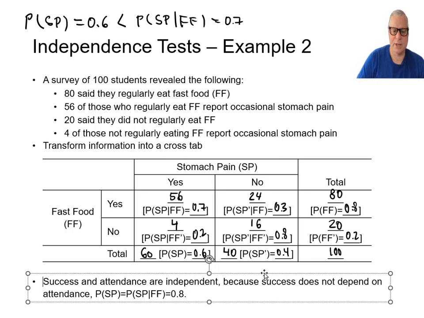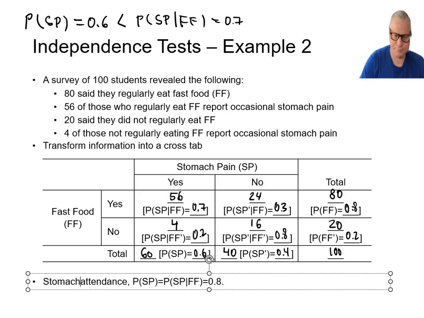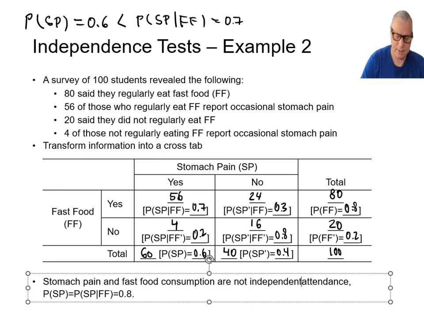So here we need to say stomach pain and fast food consumption are not independent, because the probability of stomach pain, given that they are fast food eaters, is greater.